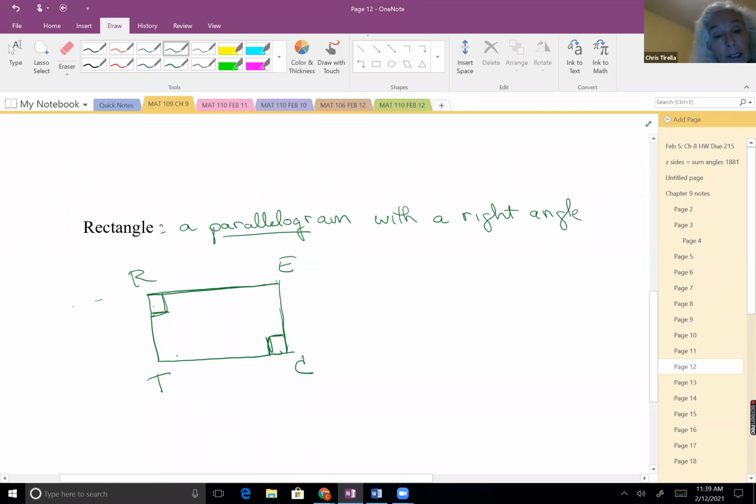And if these lines are parallel, these angles have to add up to 180. And so those angles are also right angles. And so because of the angle relationships in a parallelogram, if it has one right angle, it has all right angles. And so we can say that it's equiangular.